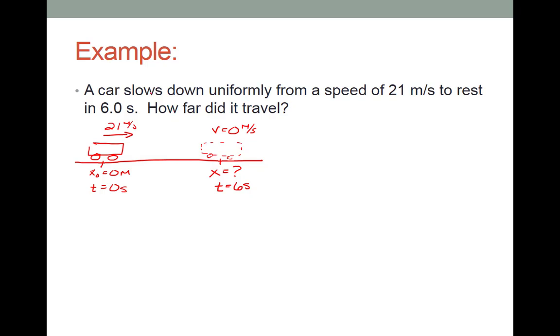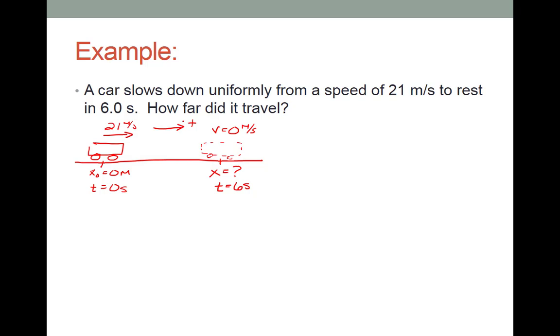Okay. A couple other pieces I need for a good picture. I need to define my coordinate system. So I'm going to define to the right as positive because that's the direction of my velocity. It's the direction of my motion. It's also traditional. We usually define to the right as positive. One last thing: I need to somehow indicate the fact that this car is slowing down.